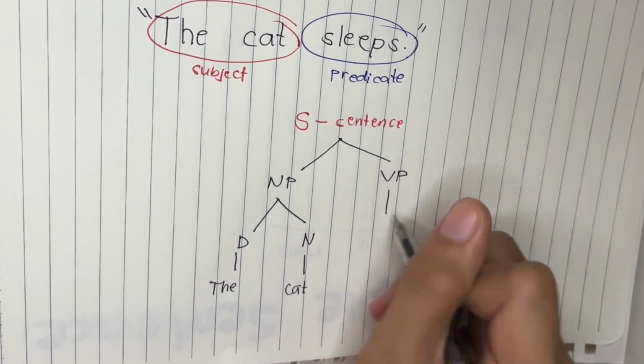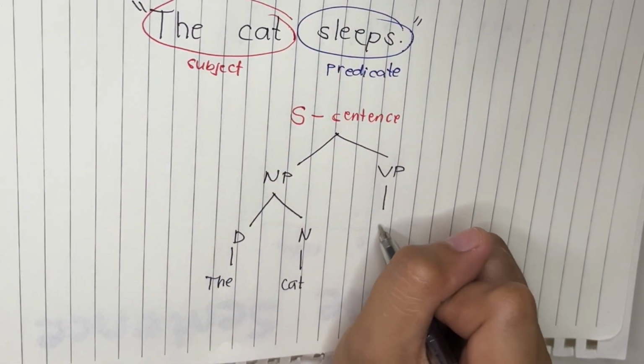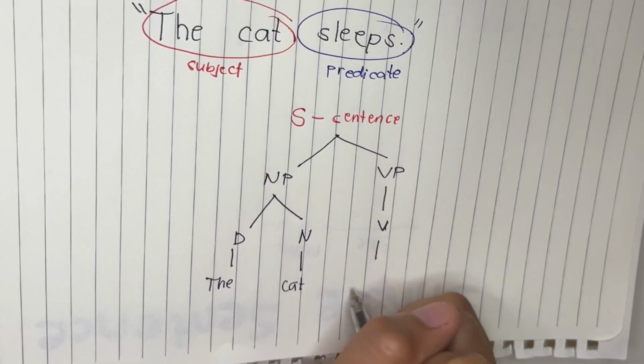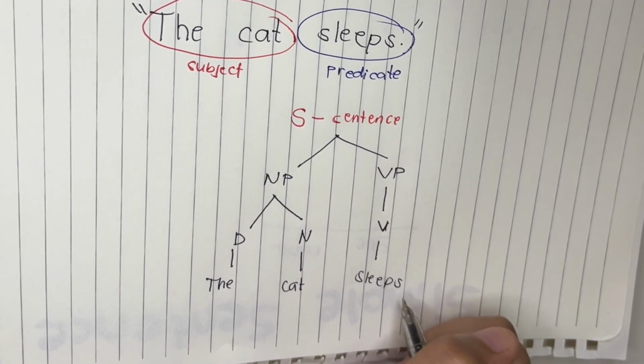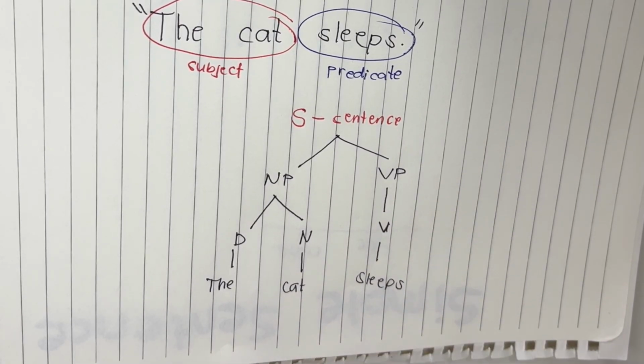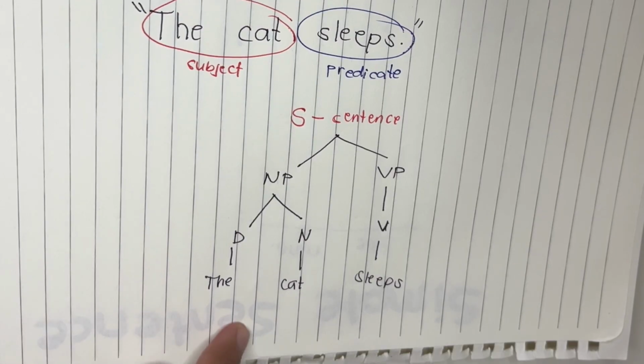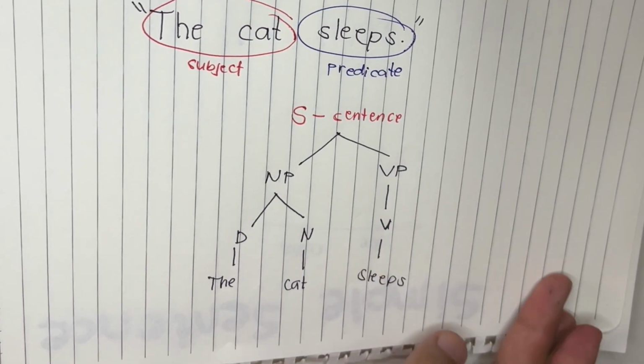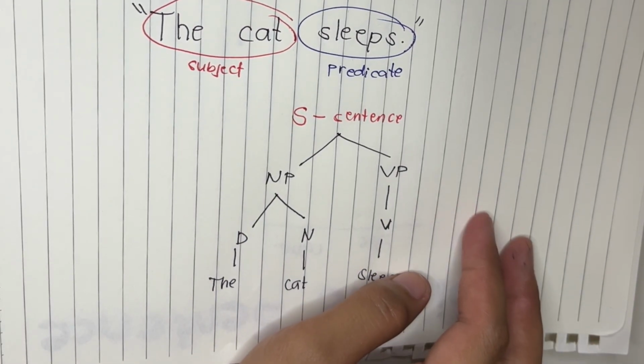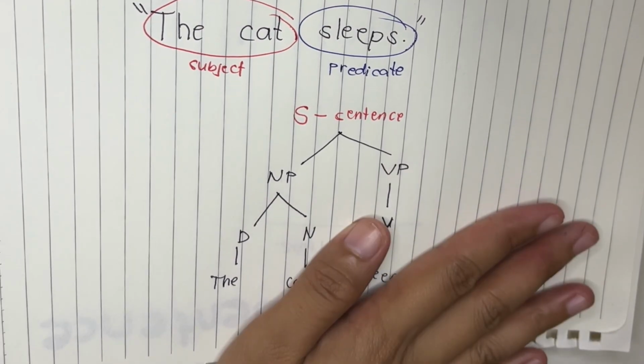And lastly, our verb sleeps. This is a sample declarative sentence with one independent clause. The syntax tree shows that it consists of a noun phrase and a verb phrase.